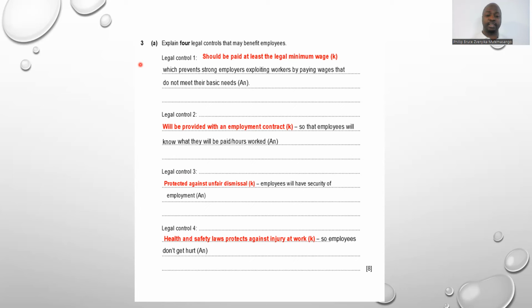So this act is there as well to protect the employees. So you are supposed to state first the legal controls, or simply the facts, then you go on to analyze them without applying your answer to the scenario because it is simply a general question.